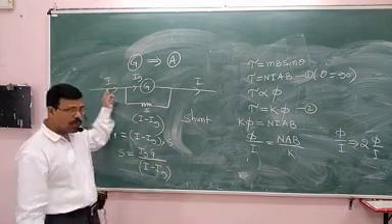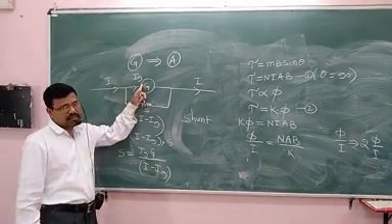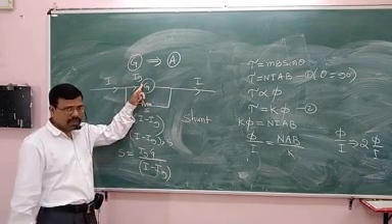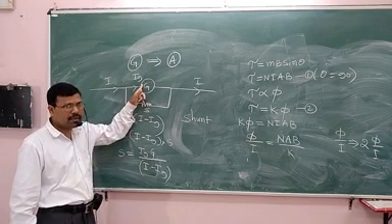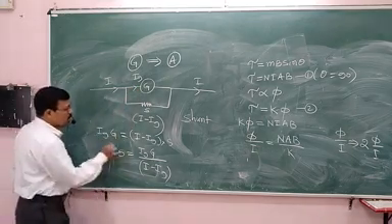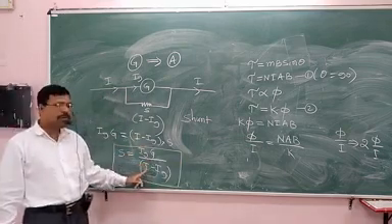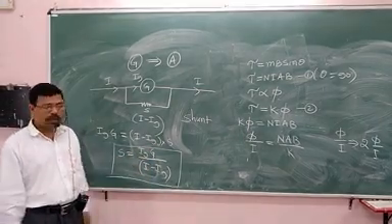Remember, this I is always greater than Ig. Ig is a very small current which passes through the galvanometer, in terms of milliampere or microampere. This capital G is the resistance of the galvanometer.